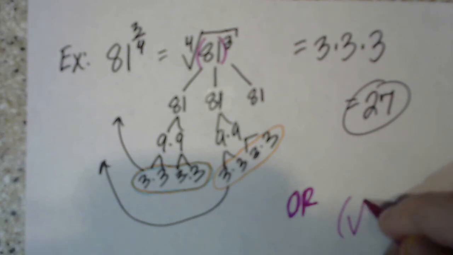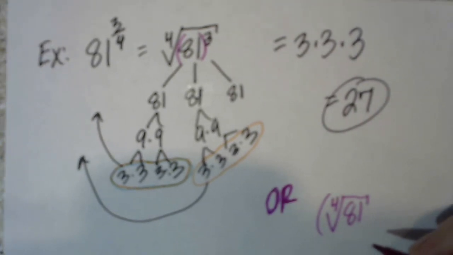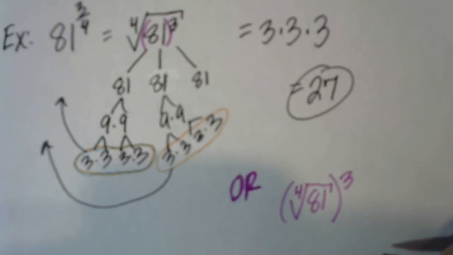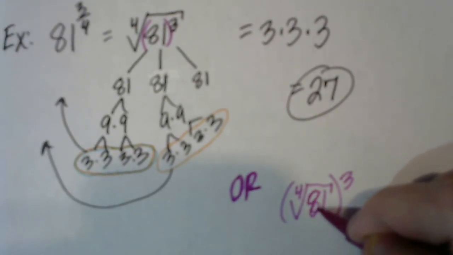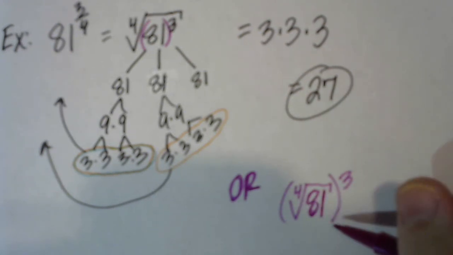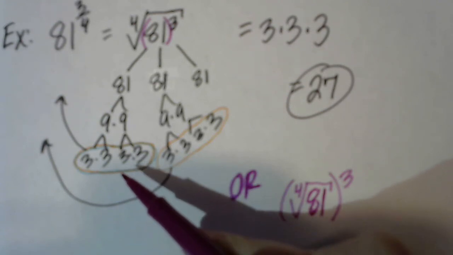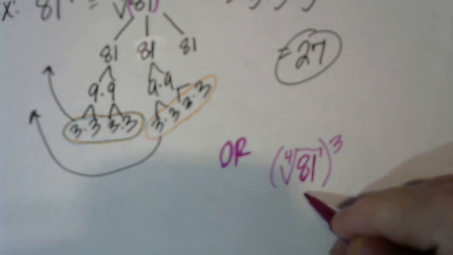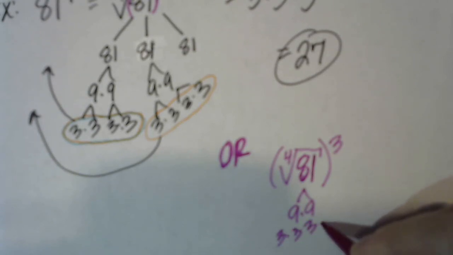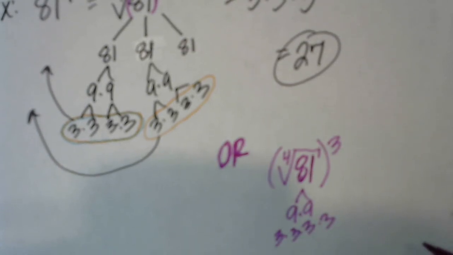Some people say, well, what is the 4th root of 81? By itself, not 81 to the 3rd. And whatever the 4th root of 81 is, I'm going to raise that to the 3rd power. Well, if you look at this, the 4th root of 81, we know that that's 3, because 81 is going to give us those 4 3s.